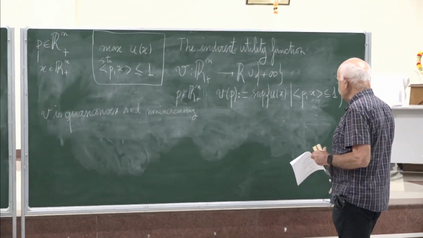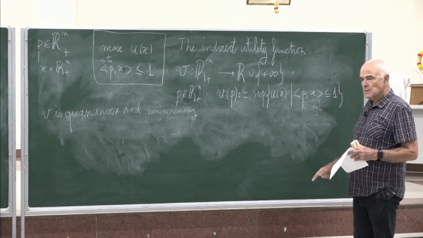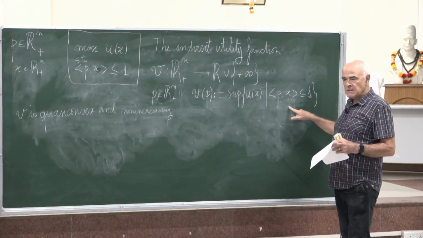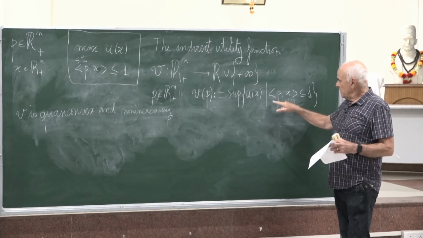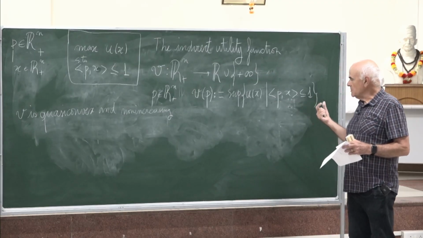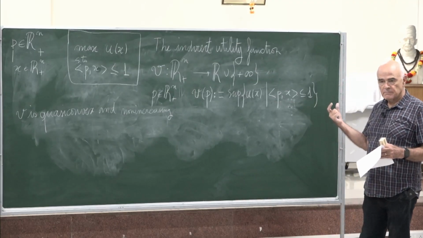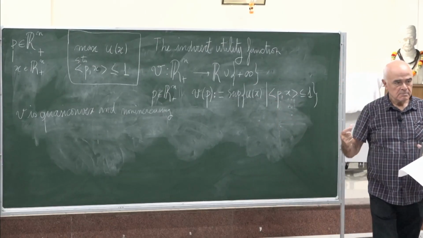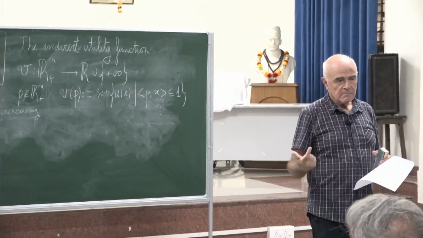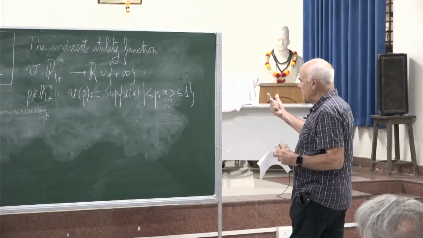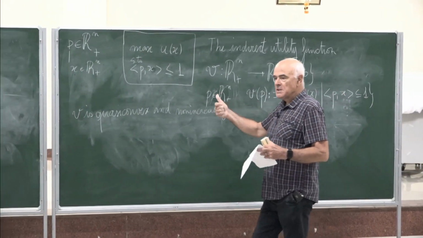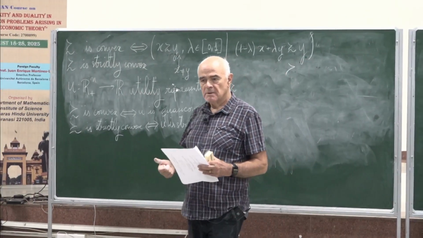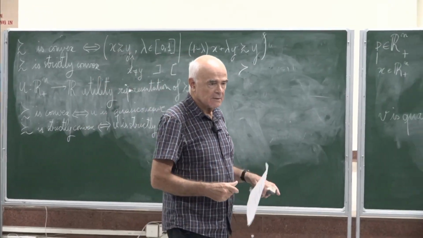Non-increasing is obvious because if you increase P, because X is non-negative, then this feasible set becomes smaller, then the supremum is smaller, or at most remains the same. So we have increased P, and V of P has decreased, or remained at the same level. So this is non-increasing. But what about convexity?